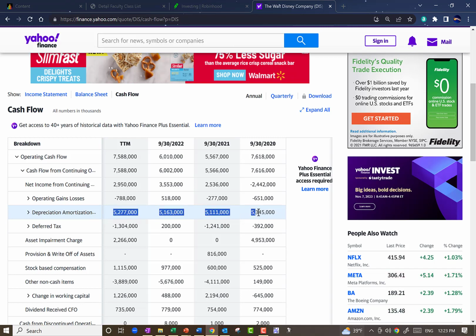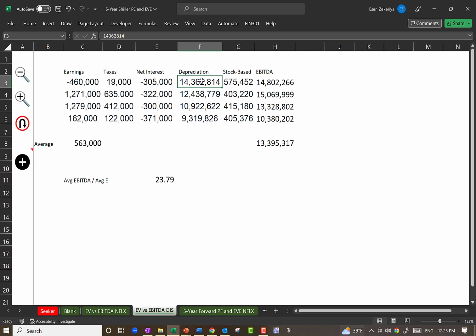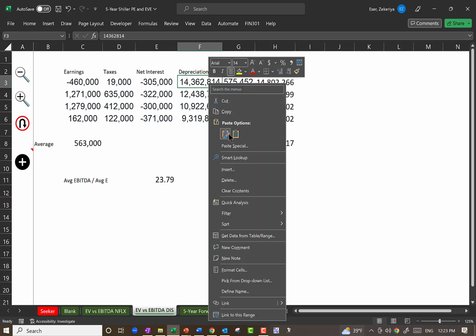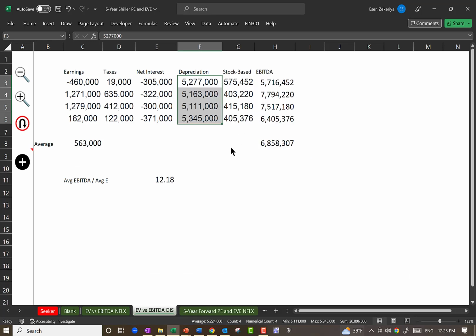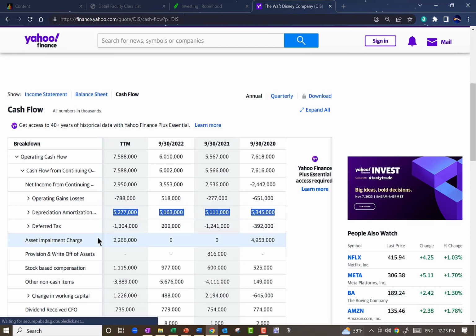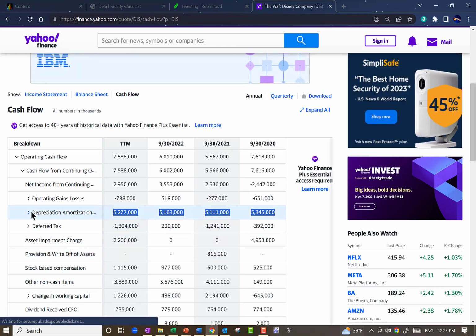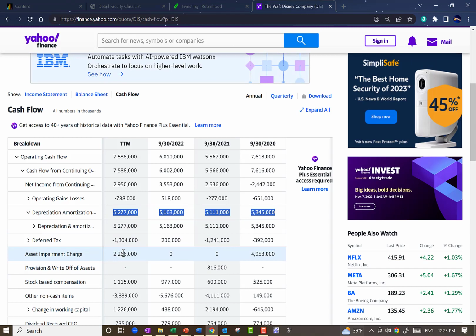For the hell of it, I'm gonna do this. With the understanding that, for example, normally I would take out this asset impairment charge as well. For now, I'm not gonna touch it.